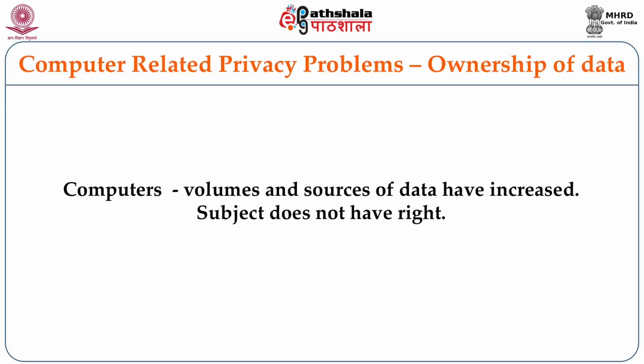Then comes the ownership of data. Before computers, customer data were always valuable. That includes mailing lists and customer lists. They are all companies' assets and they should be safeguarded.